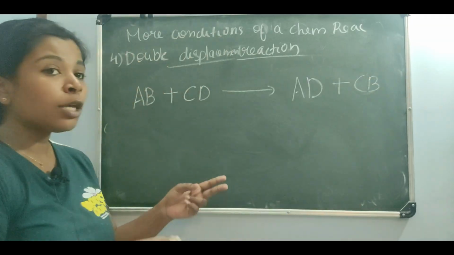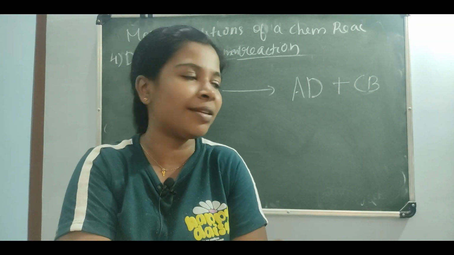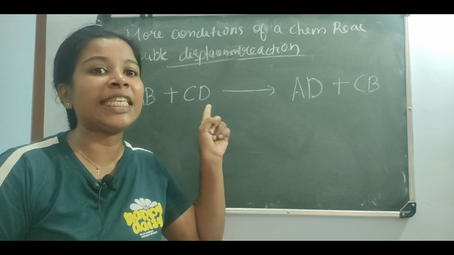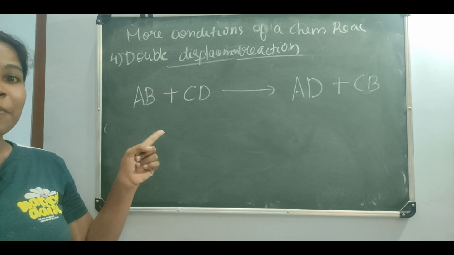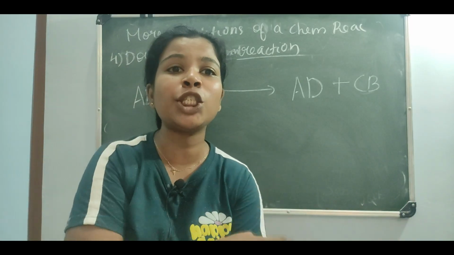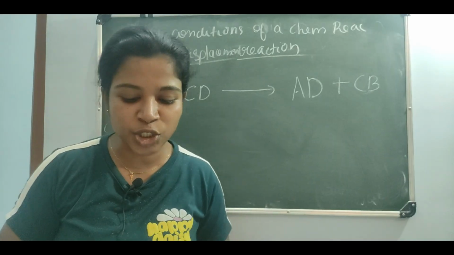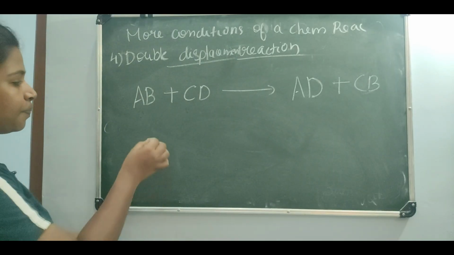CD means mutual exchange happened. A gave his position to C and C gave his position to A, which means mutual exchange of ions happens in double displacement reaction.